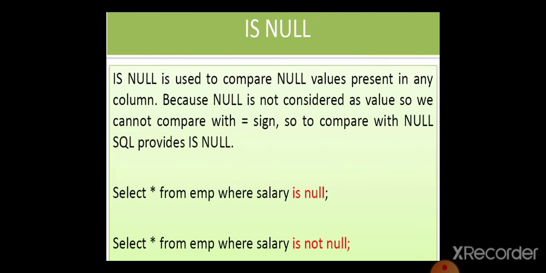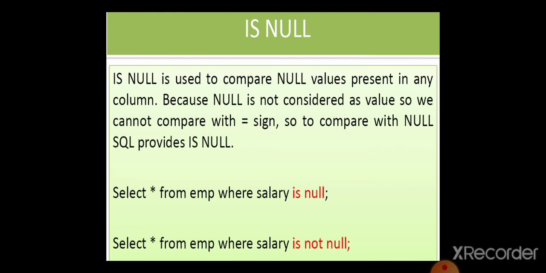IS NULL is another operator used with null. IS NULL is used to compare null values present in any column. Because null is not considered a value, we cannot compare it with the equal sign. So to compare with null, SQL provides IS NULL.